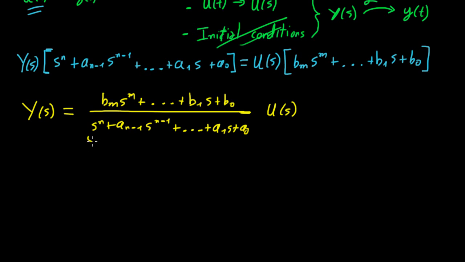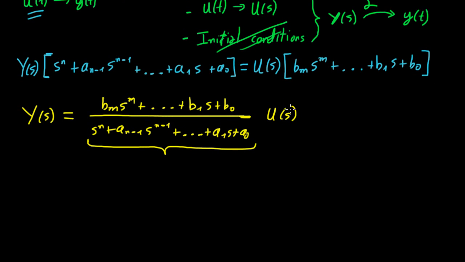So here we have a rational function of s, and now you can realize that if we are given u of t, we only have to calculate its Laplace transform U of s and then multiply it by this rational function, and with that we have our problem solved, because we have Y of s and as a consequence y of t.